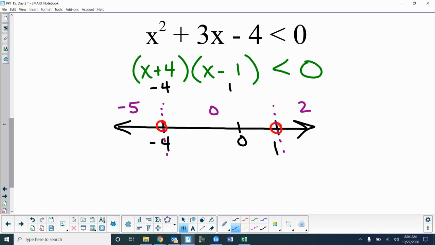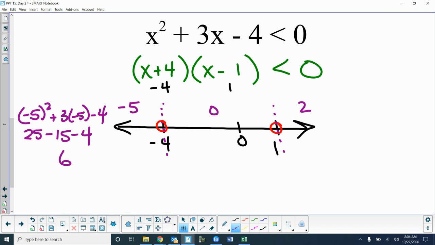Okay, so -5 squared plus 3 times -5 minus 4. So that's a positive 25, that's a -15. So that's a 10 minus 4, that's a 6. Is that less than 0? No. Put 0 in here. 0 squared is 0, plus 3 times 0, which is 0, minus 4 is -4, right?